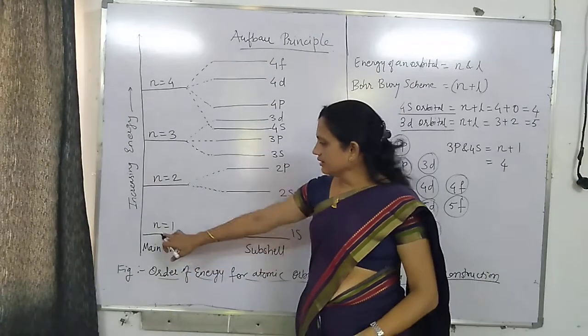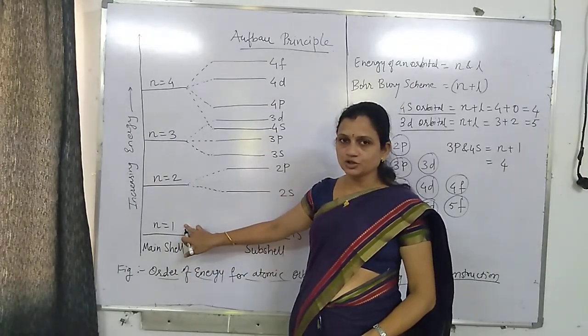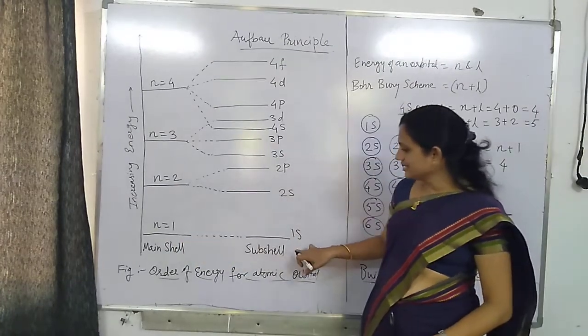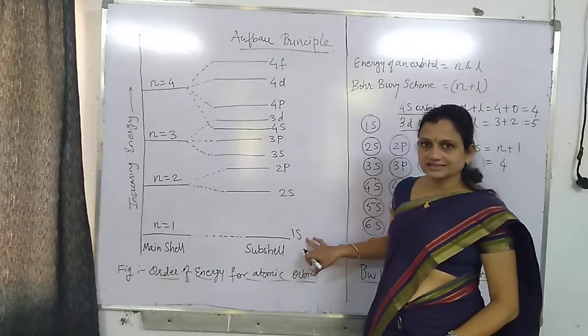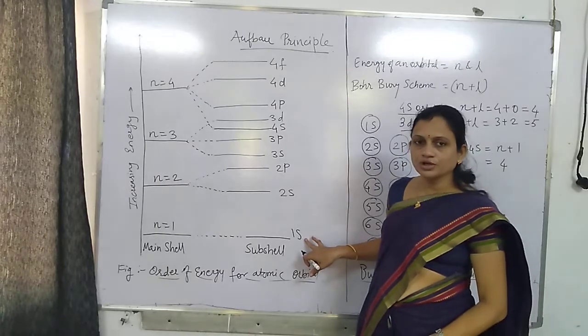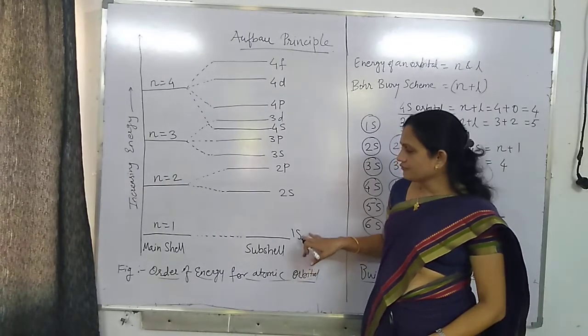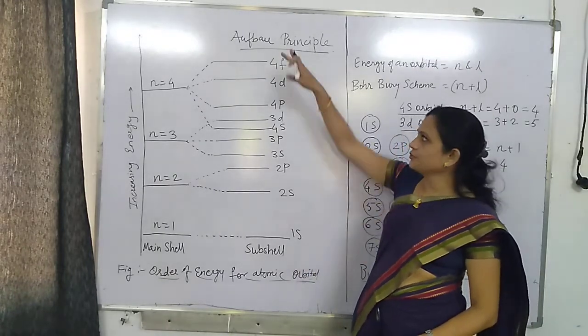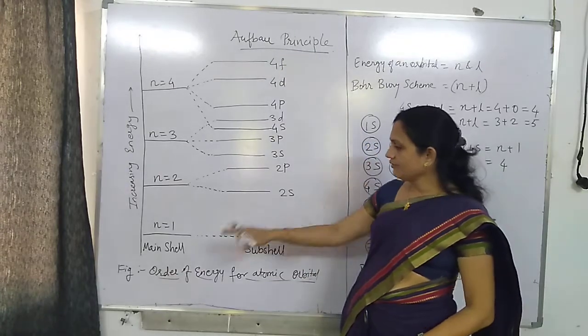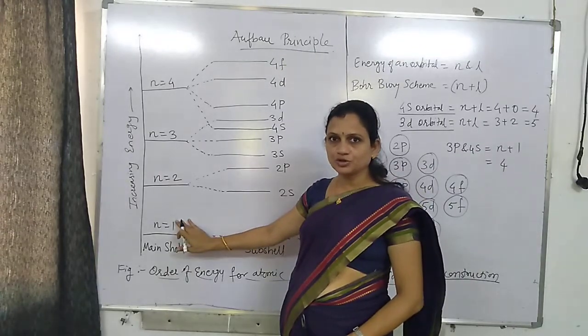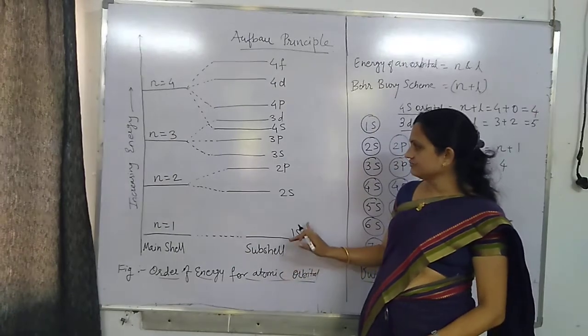Now here the main shell is n is equal to 1, and related to this the subshell is s, that is 1s. We are going to fill the electron here from 1s orbital up to the higher state.